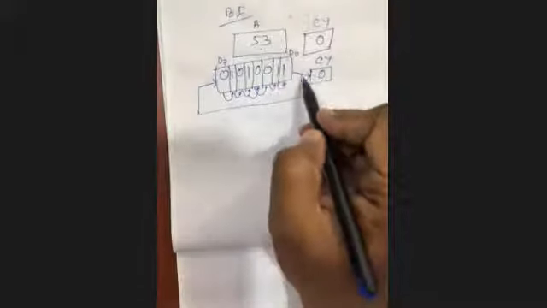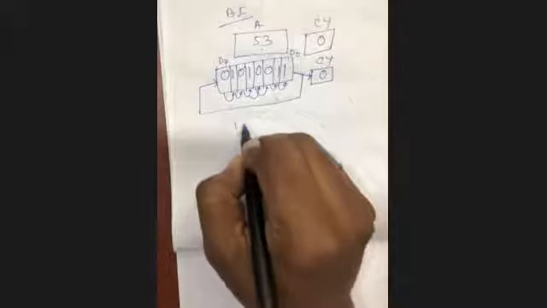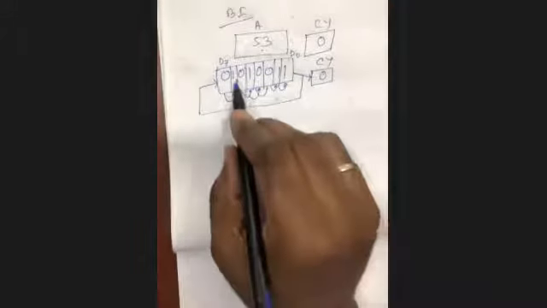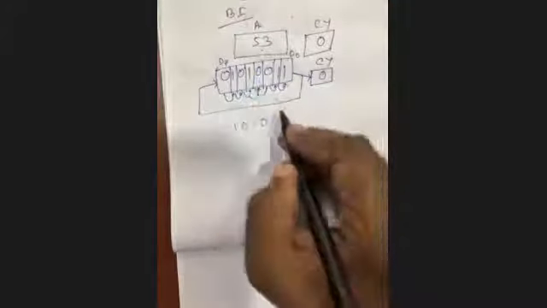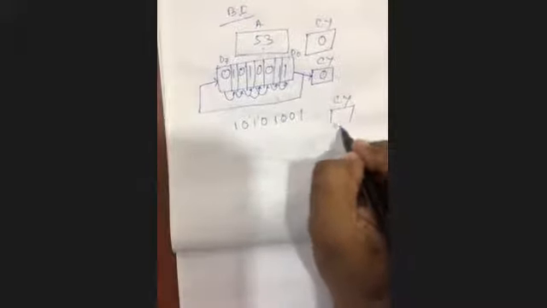So what will happen? 1 0 1 0 1 0 0 1. Is it clear? All are shifted and the carry flag will be 0.